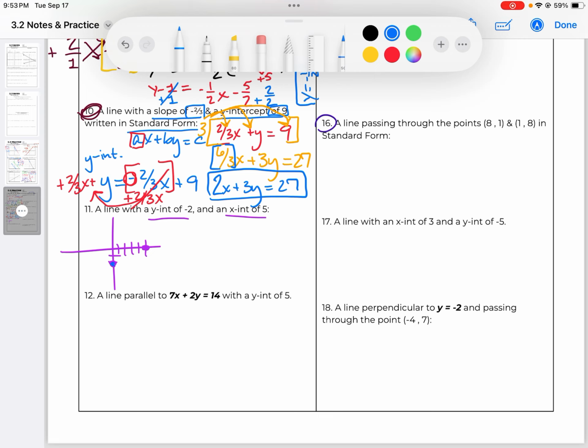To get from this point, the y-intercept, to this point, the x-intercept, I need to go up 2 and over 5. Up 2 over 5. That means for my slope, I have a rise of 2 and a run of 5. So my slope is positive 2/5.